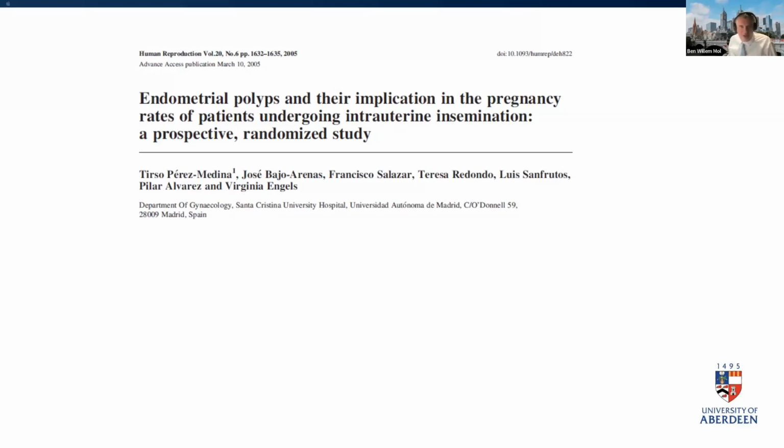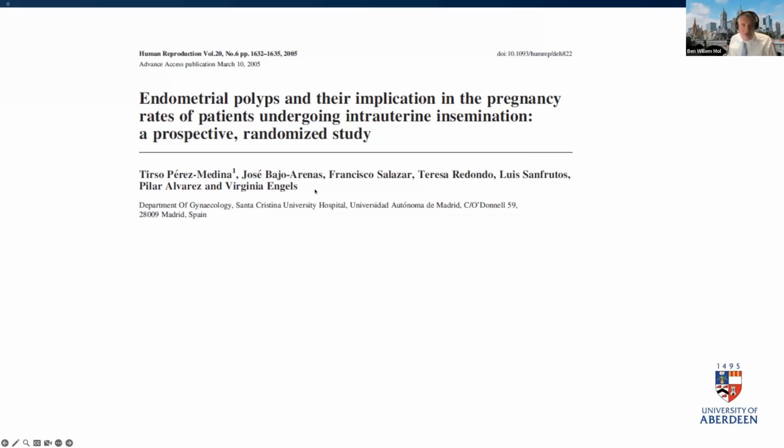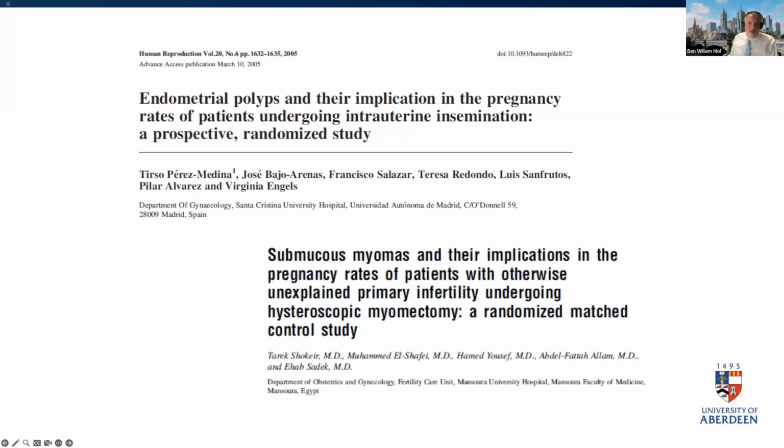This was a retracted article at some stage, but the story is that there is a study on polyps, a randomized trial published from Spain. And then a little bit later, there is a study on myomas from Dr. Shokir from Egypt. The first one is published in Human Reproduction, the second one in Fertility and Sterility, two high impact journals.